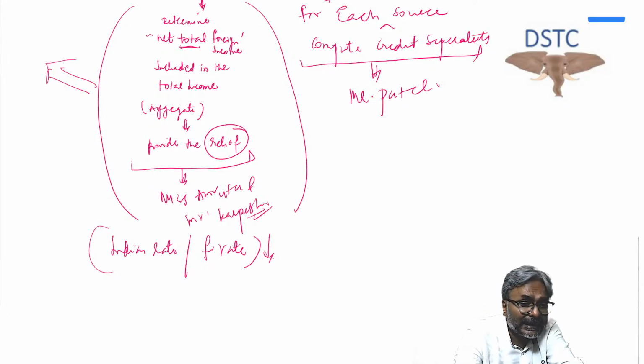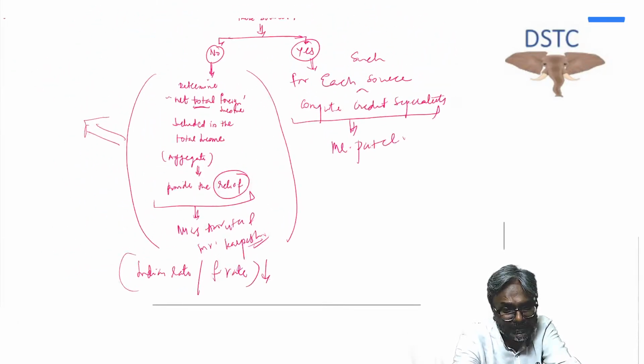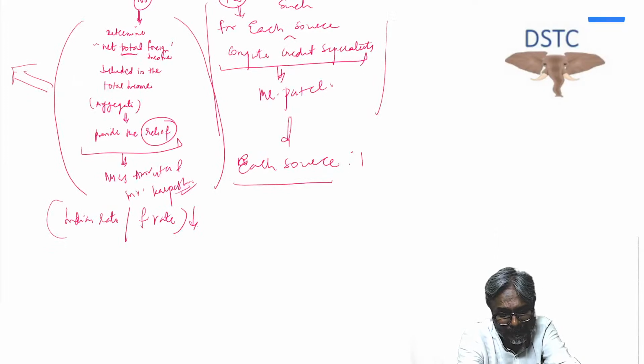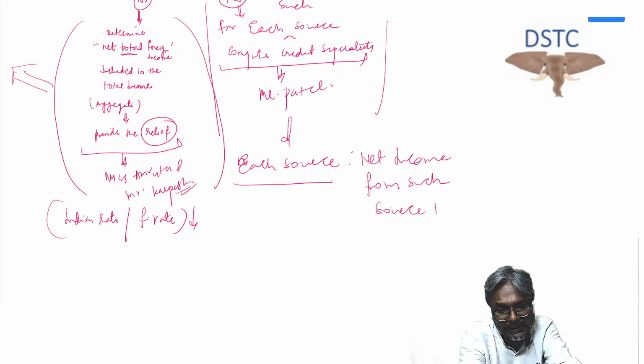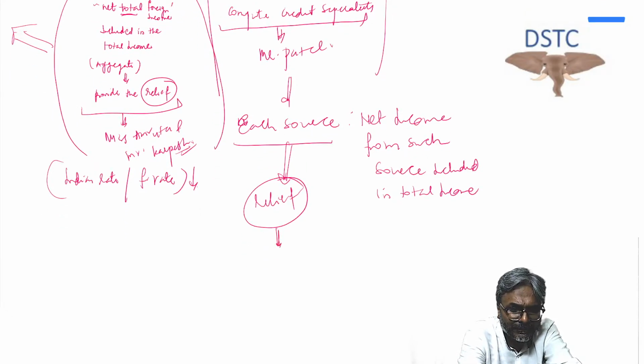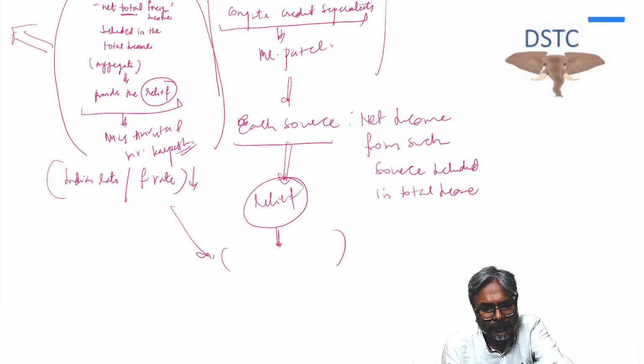Okay, but if the rates are different for each source, students, as it was the case of Mr. Patel, then from each source, whatever is the net income from such source which is included in the total income, on each such source provide the relief, and the relief would be again the same: the Indian rate or the foreign rate, whichever is lower.